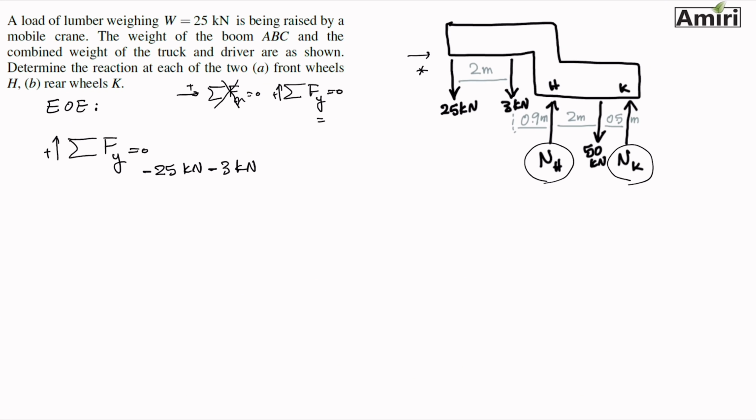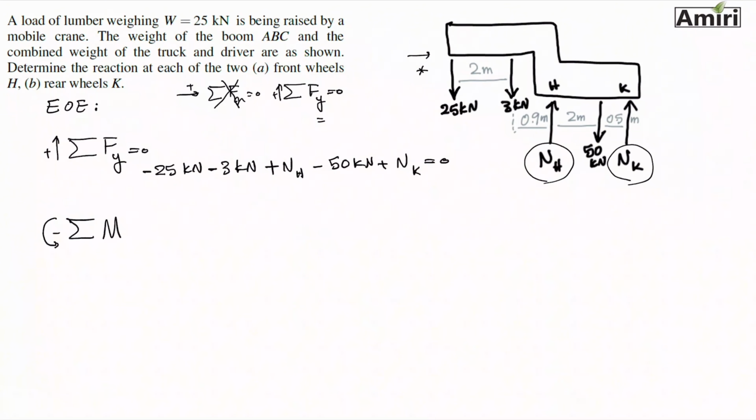I see an N sub H, that's pointing up, so that's positive. I see a 50 kilonewtons, negative, and I see another positive N sub K equals 0. 2 unknowns, 1 equation, I cannot solve it. So let's do another equation. X, I said, doesn't help me.